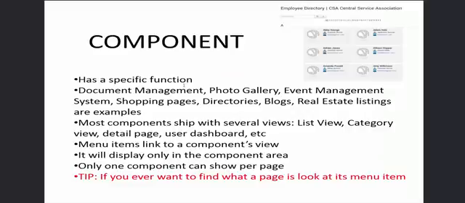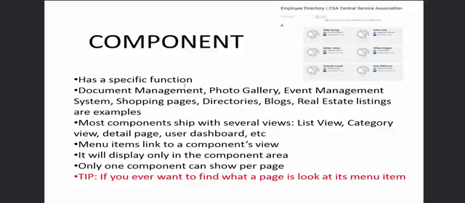Components have special functions: document management, photo galleries, event management systems, shopping pages, directories, blogs, and real estate listings are all examples. Most components ship with several views: list views, category views, detail views, user dashboard, etc. Menu item links link to a component's view.